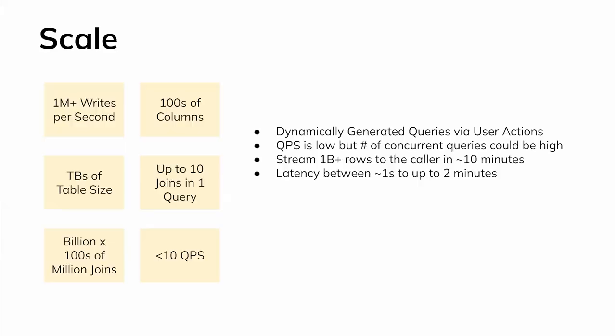If let's say you have 5 QPS and the queries are taking 2 minutes, in 2 minutes you'll have a bunch of queries running which will probably outnumber your vCores per server. So you have to look at concurrency at that point and not exactly QPS. QPS is a bit low, but it's consistent and the concurrency can exceed the number of vCores that we have. And we have super complex queries.